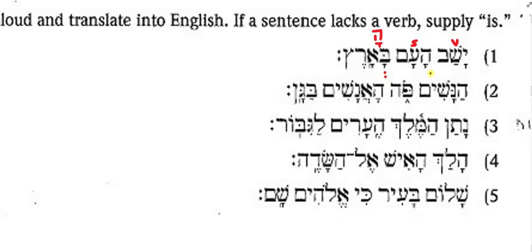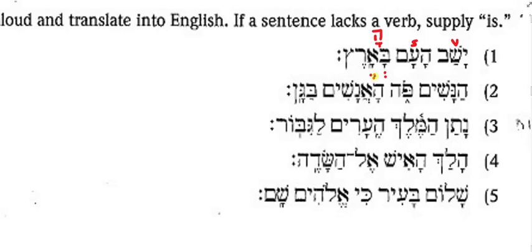Just a normal shva, because the article or the inseparable prepositions are normally pointed with a vocal shva. And what would be under the aleph here? What's the basic form of the word for land? Is it normally aretz? It's eretz. So it would normally be double segol.